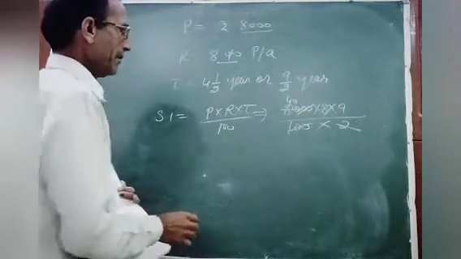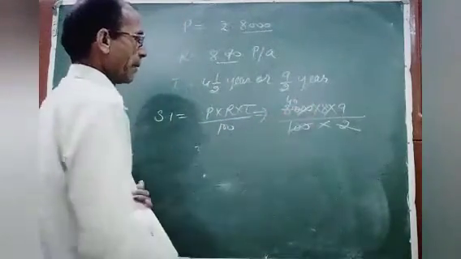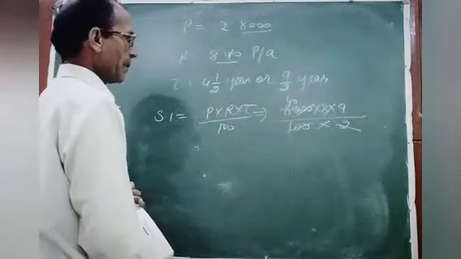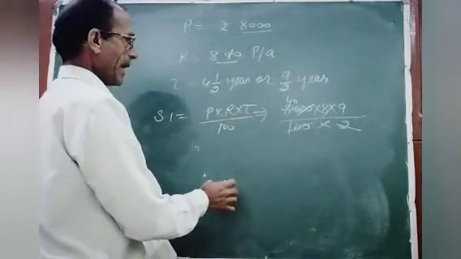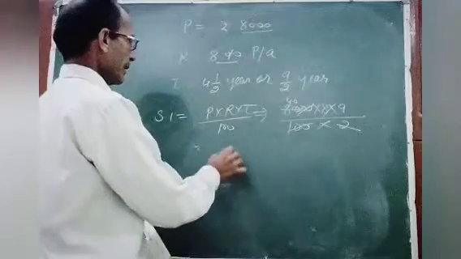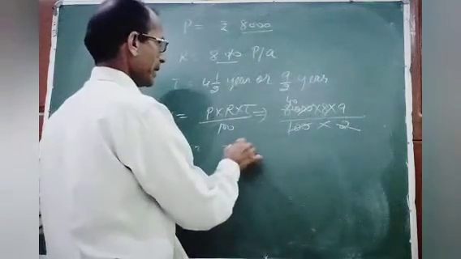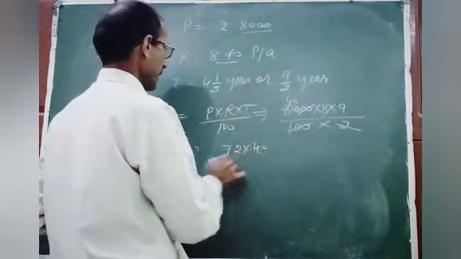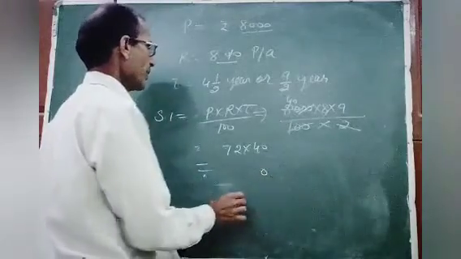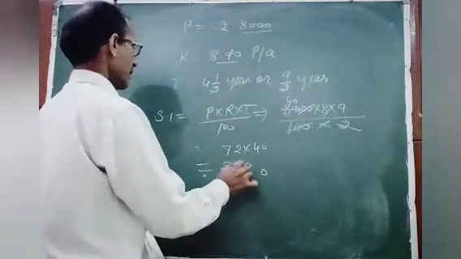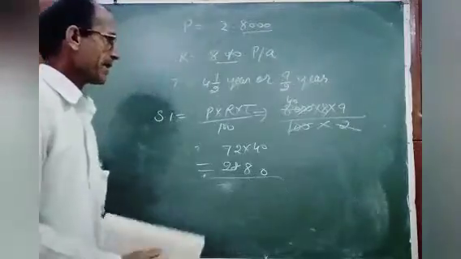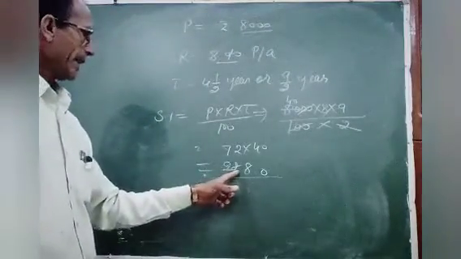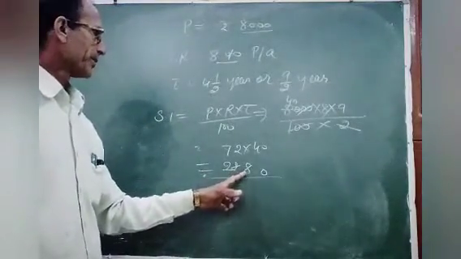Now multiply that. 40 multiply with 8 multiply by 9. So this will be 72 multiply by 40. Then answer will be, so this is simple interest, 2,880 rupees.